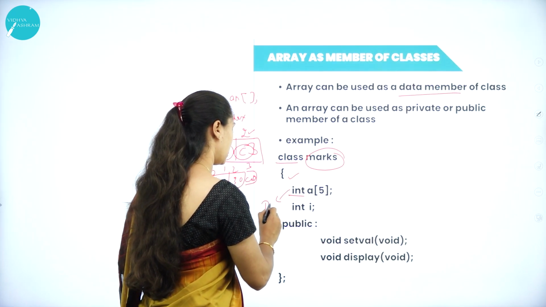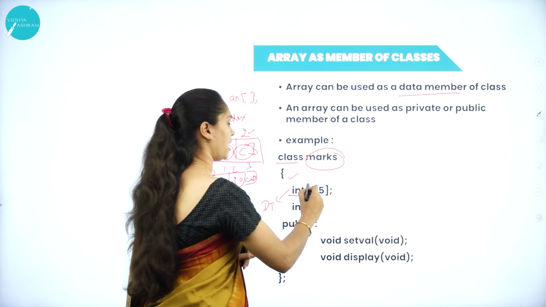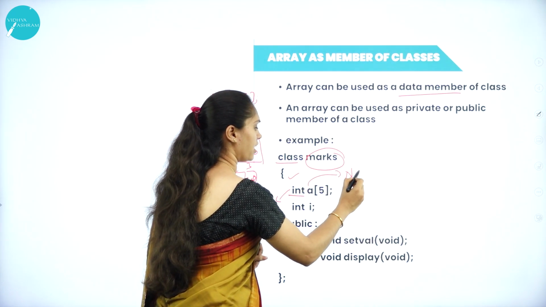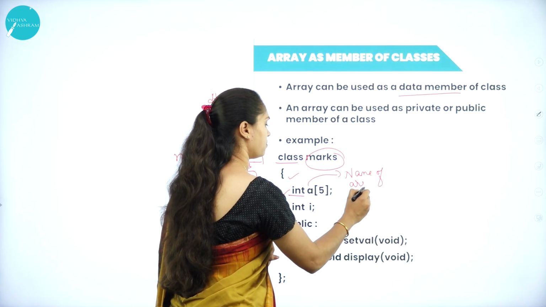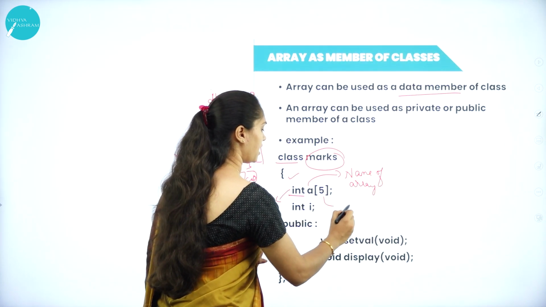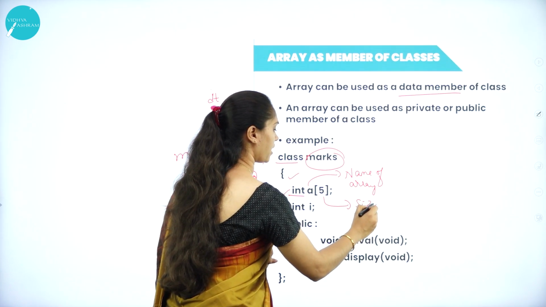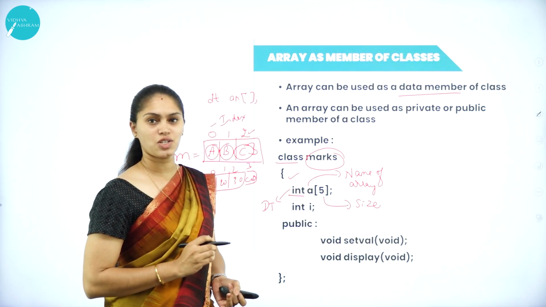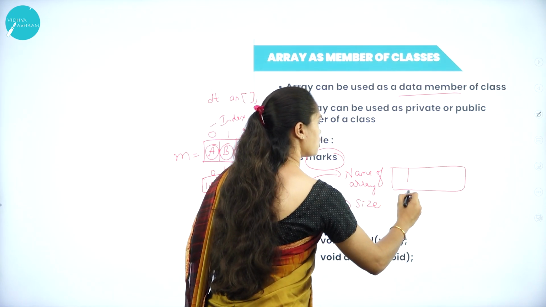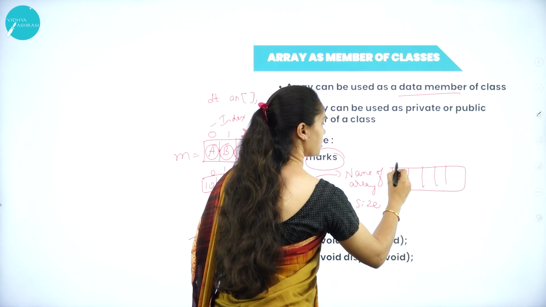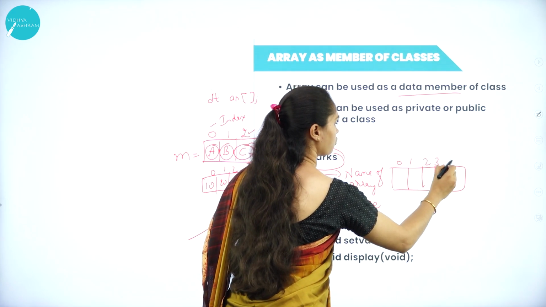Here int is the data type, and what is this A? A is nothing but the name of an array, and this indicates the size of an array. That means it will allow me to store 5 elements, with indexes 0, 1, 2, 3, 4.